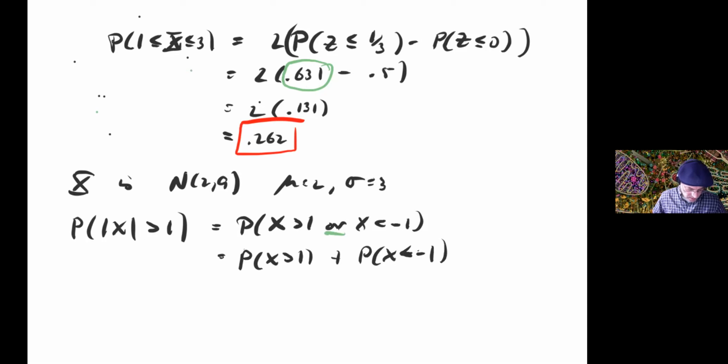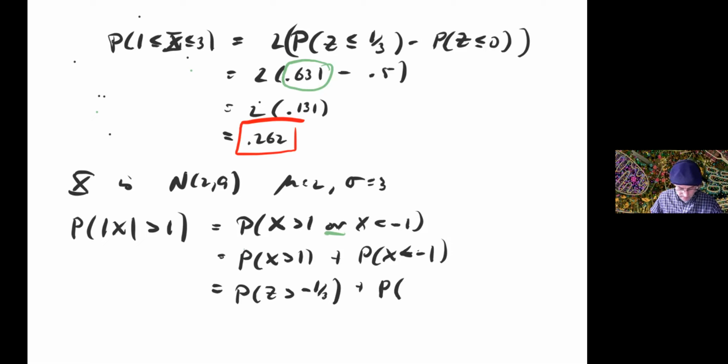Now we can actually convert this to a z random variable by subtracting 2 and dividing by 3 on both sides of the inequality in each case. So this would be z is bigger than 1 minus 2 over 3. 1 minus 2 over 3 is negative a third, plus the probability of, so if x is less than minus 1, we can take minus 1 minus 2 and divide by 3.